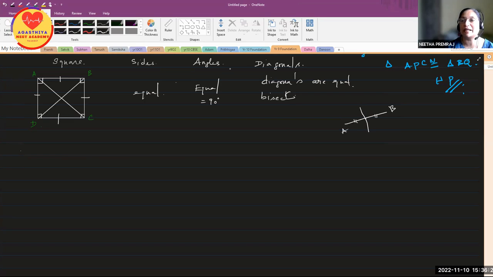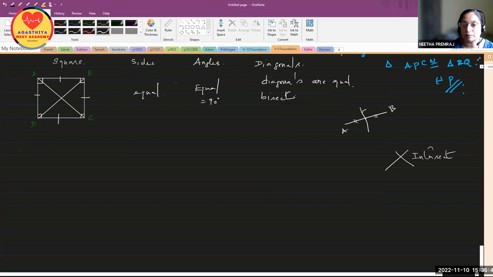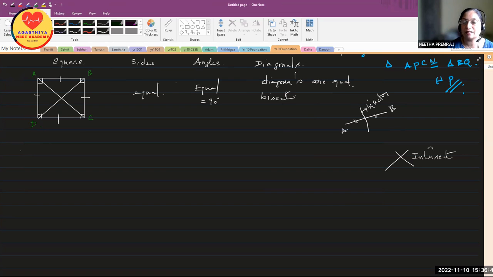That is called bisect. Otherwise, we simply say intersect. Intersect means it cuts each other. Bisect means a line which passes through the midpoint of the other line. This line is called the bisector. Bisector means it cuts the other line into equal halves.